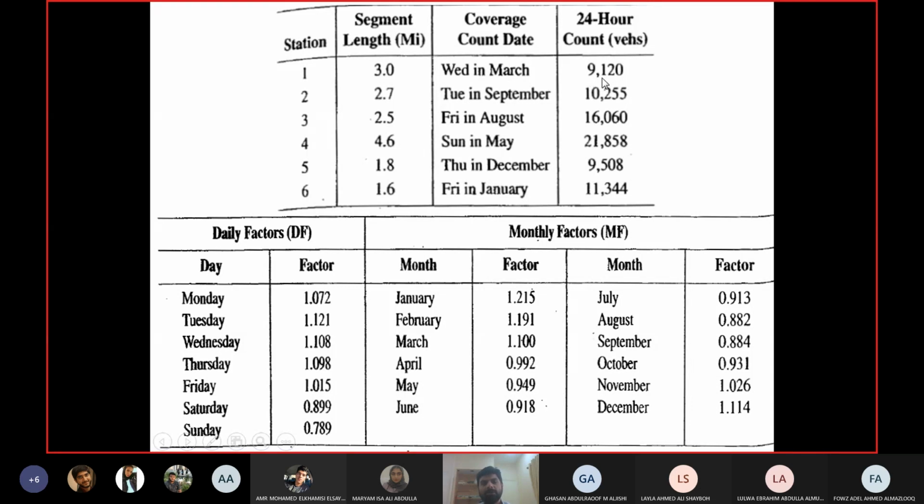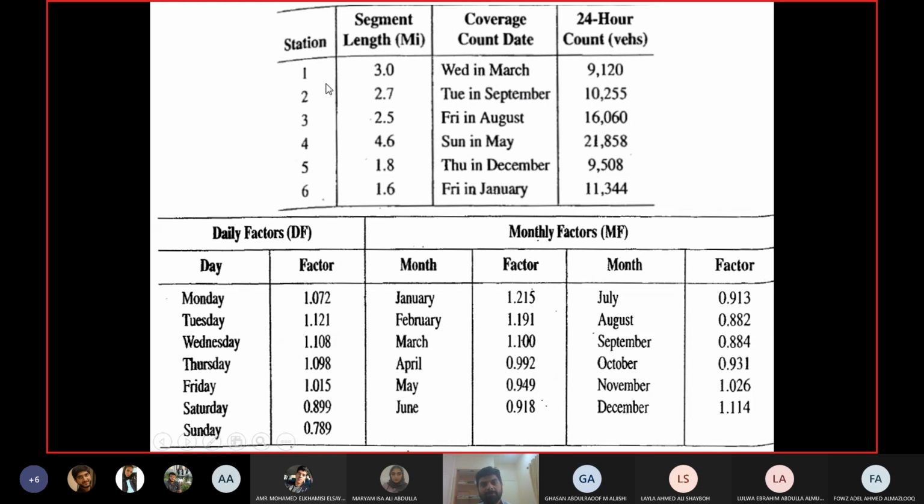So first you calculate AADT for station 1. Take this value and multiply by the adjustment factor of Wednesday and the adjustment factor of March. The Wednesday adjustment factor is 1.108 and March has a factor of 1.100. When you multiply 9,120 with these two values, you will get the AADT for station 1.